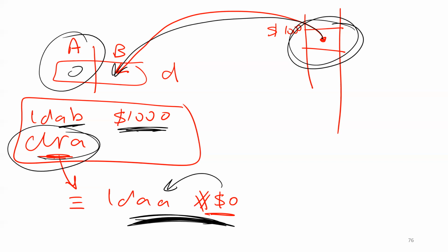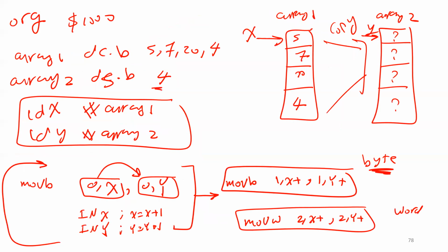I can also use load to put 0. I can say load A 0, so I'm going to put number 0. Is that okay? Or I'm going to teach this instruction later. It's called the clear instruction, so this one is going to clear. Any questions?